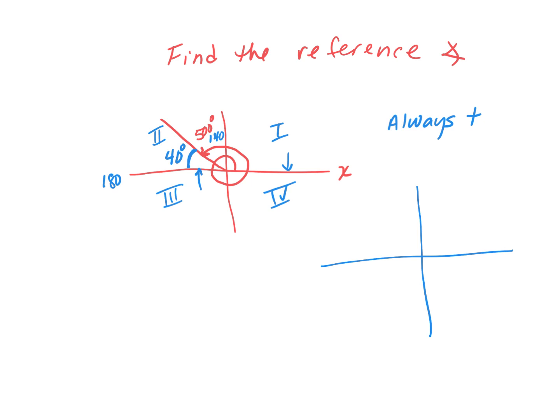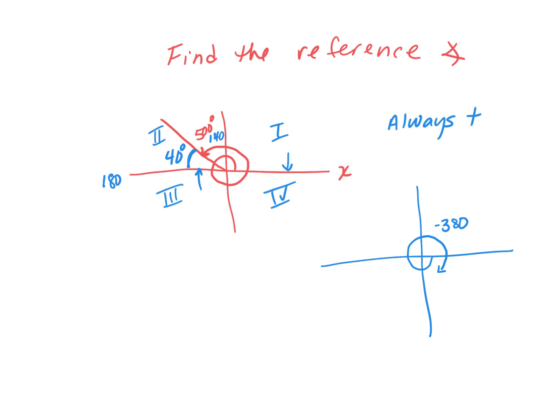So let's do another one. And this one is going to go like this. Negative 380 degrees. So when I get that out of the woods, I have negative 380. I get negative 20, right?